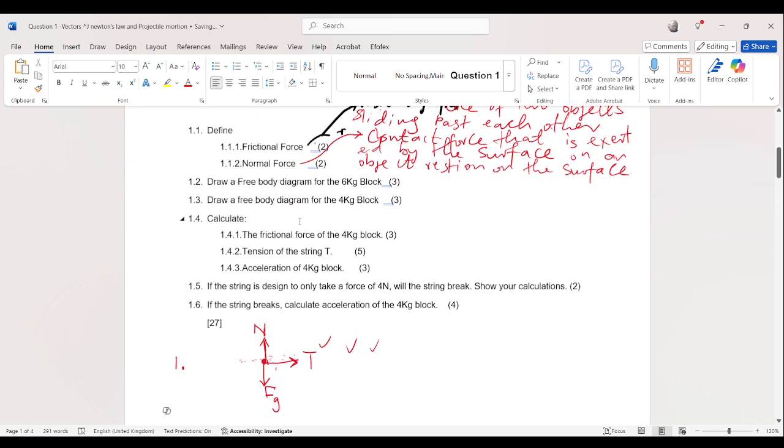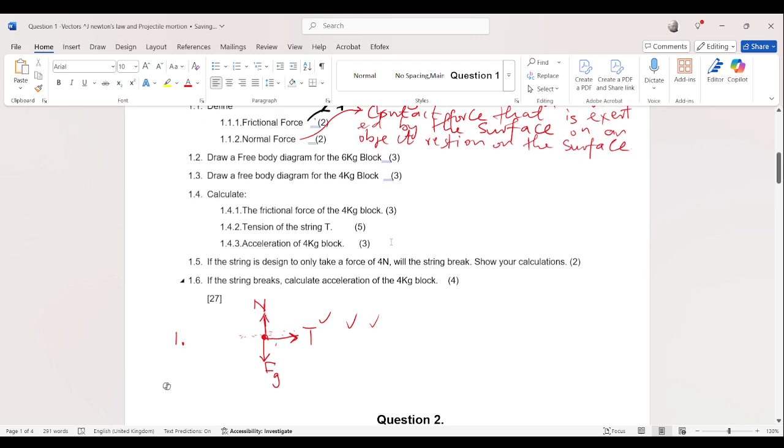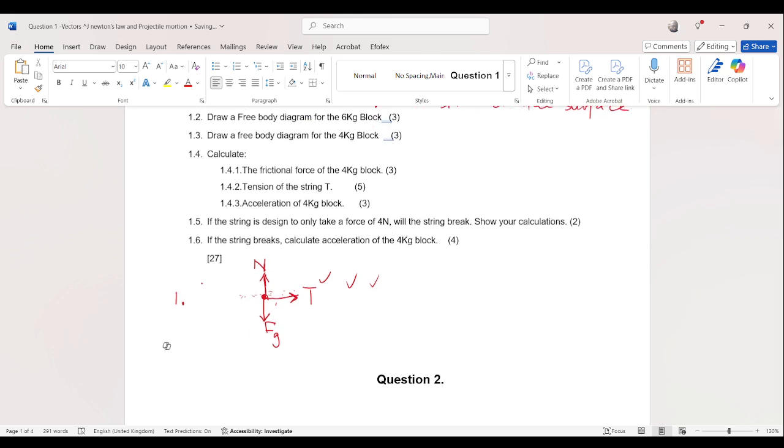The 1.3, the free body diagram on the 4 kilogram block. Now 1.3, we will have a free body diagram of a body resting on the surface.